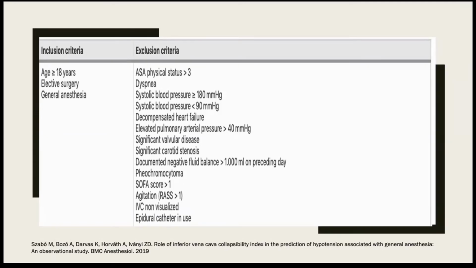But if you go into that, you can just look at the exclusion criteria. Anyone with a little bit of shortness of breath, a little bit of valvular disease, a SOFA score more than 1, they didn't put the patient in the study. And no patient that we ultrasound in ED or critical care would fall into that category.